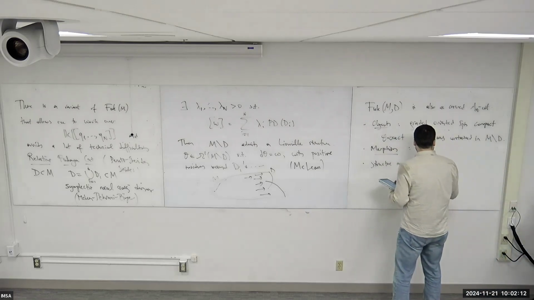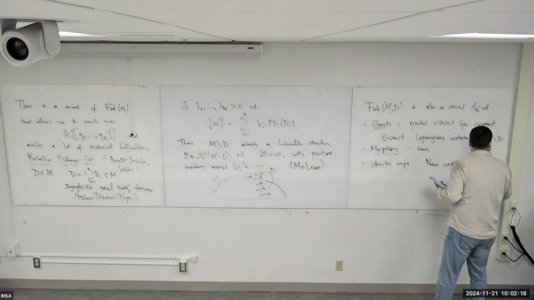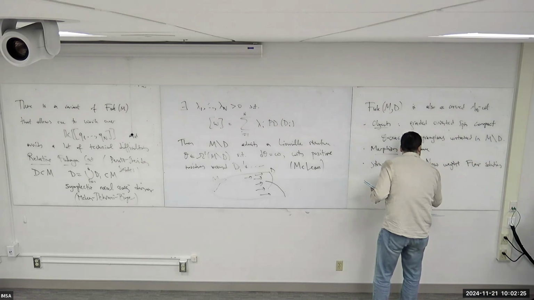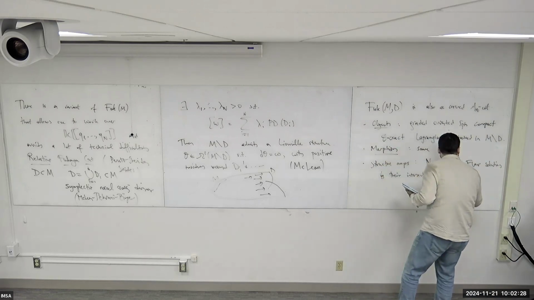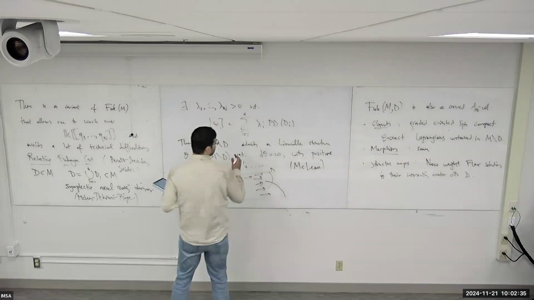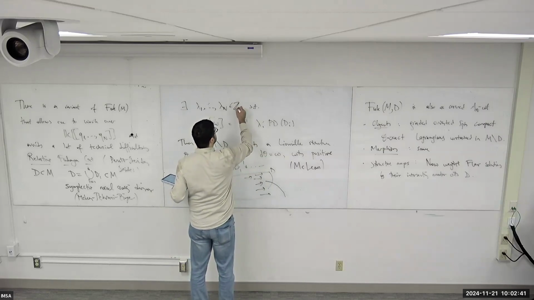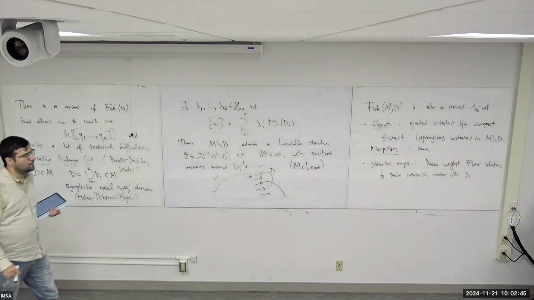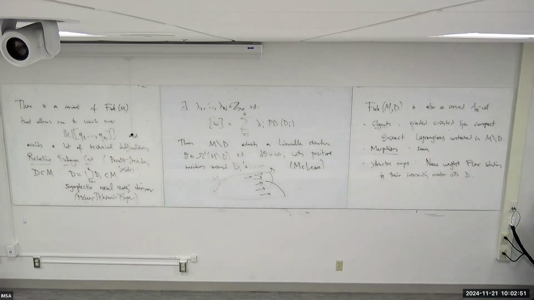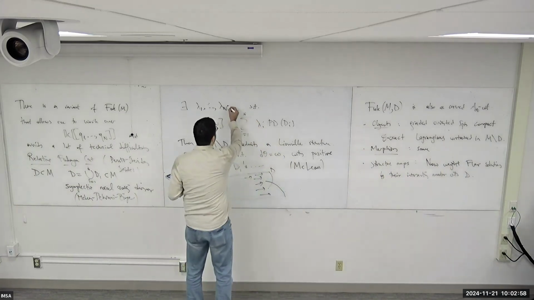So now weight Floer solutions by the intersection number with D. Let me make a really correct statement: I just weigh them by their intersections.